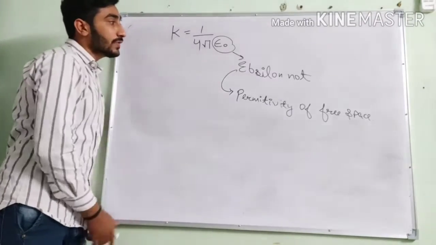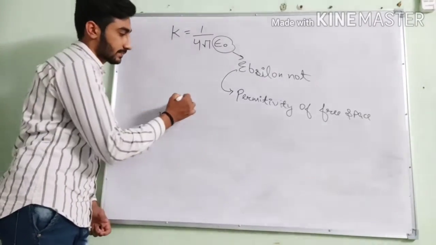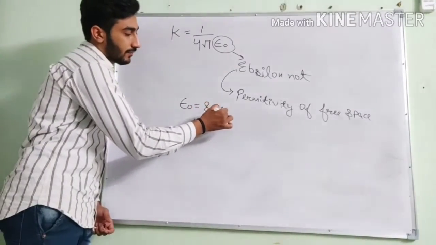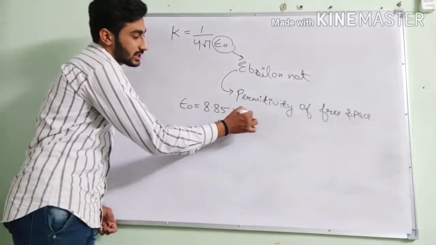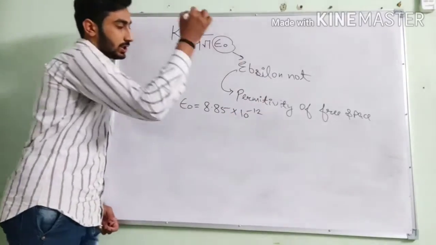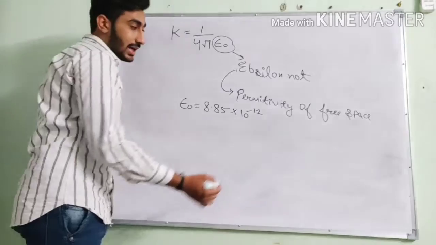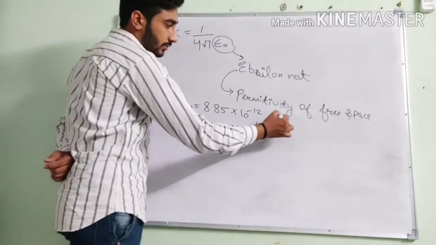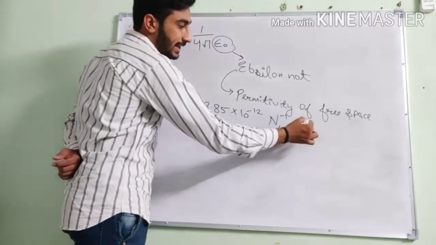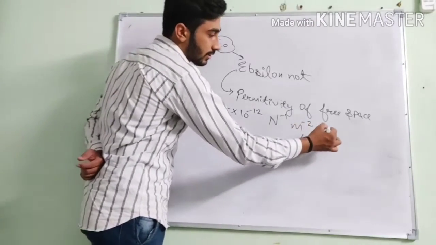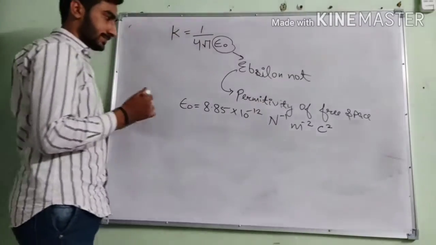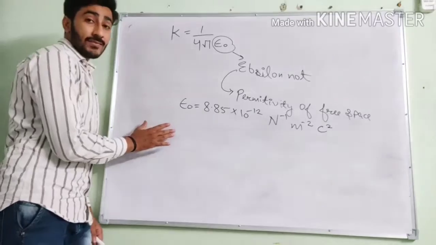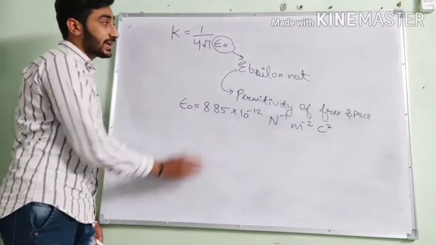Now the value of epsilon naught is 8.85 into 10 raised to power minus 12, and the unit of epsilon naught is Newton inverse meter inverse Coulomb square. Just note it down. We can also calculate the value of K from here only.